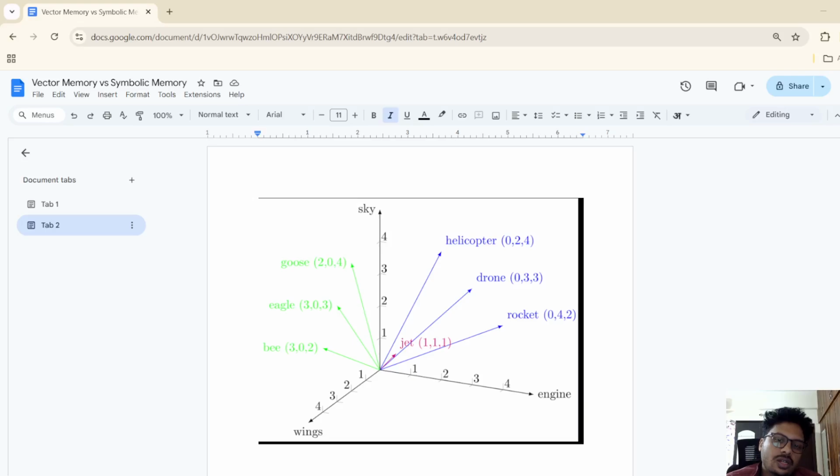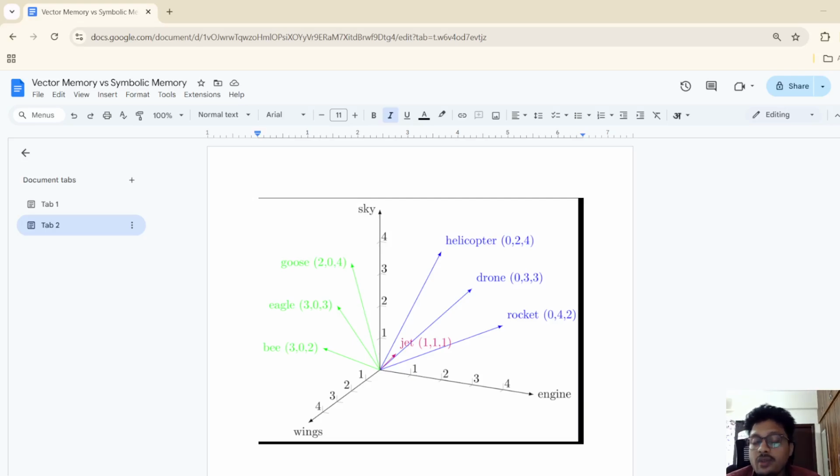So which one does modern AI use? Most modern AI systems use vector memory. But here is the interesting part: the best AI systems use both. Symbolic memory gives rules, strategy, logic; vector memory gives understanding of context and creativity.